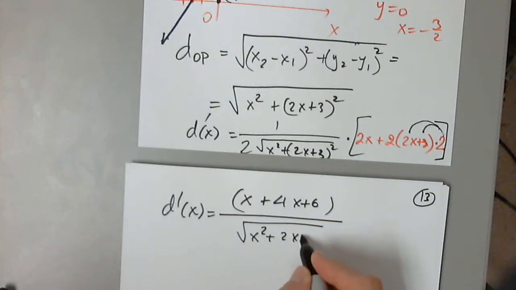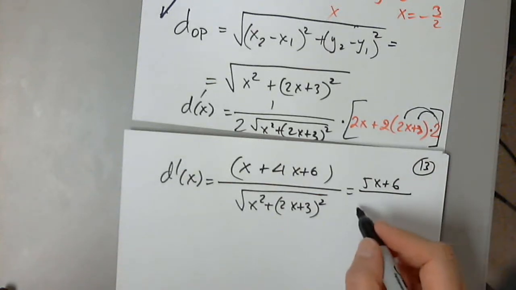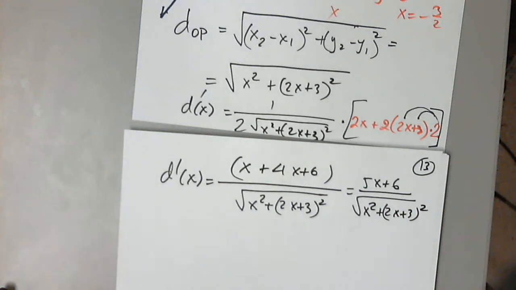But that's not a mistake, but there is no need. So now the numerator becomes 5x plus 6 over the square root of x squared plus 2x plus 3, everything squared. So it's completely cleaned up. There is nothing else I can do here, but I have to find the critical numbers.